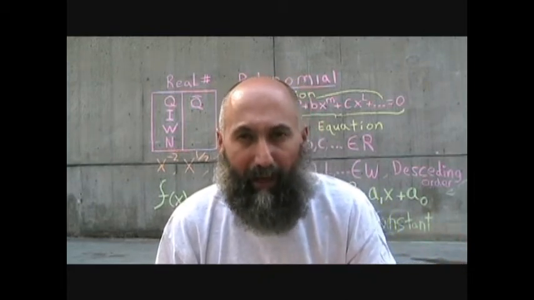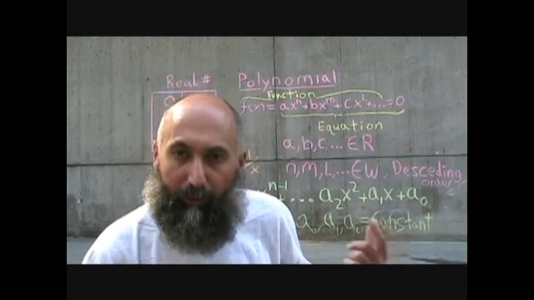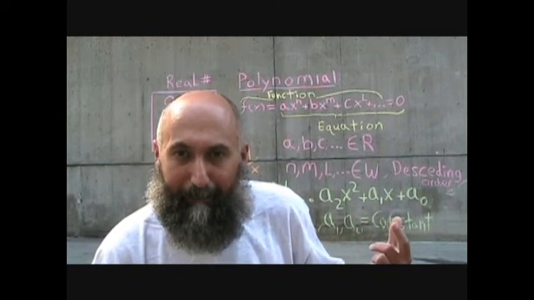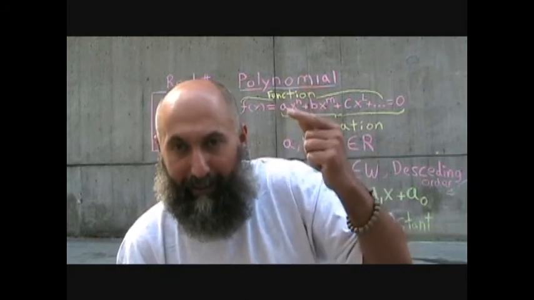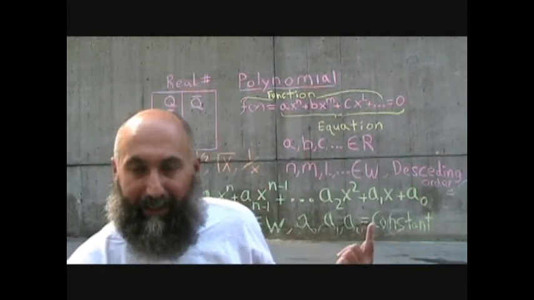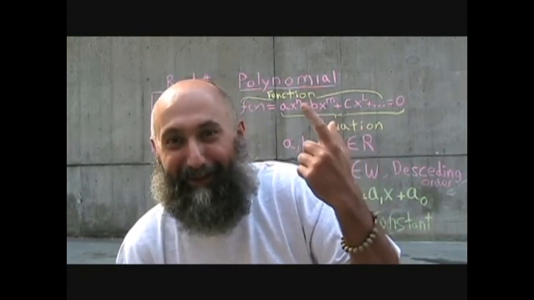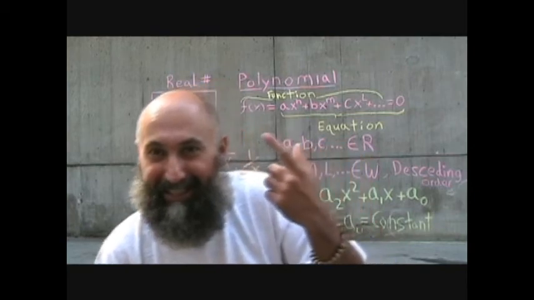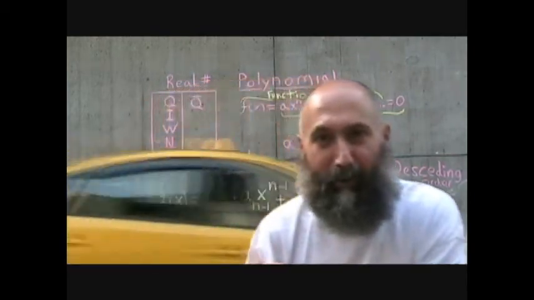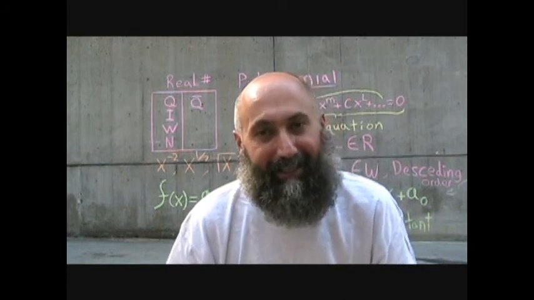But keep in mind that when you see something like this down here, that's a polynomial function. But that's us calling it a polynomial function. In mathematics, this is what it is. In any other language, I'm not sure if all languages call them polynomials or not. I doubt that every language in the world calls these types of things equations, right? Equation is an English word. So keep this in mind.